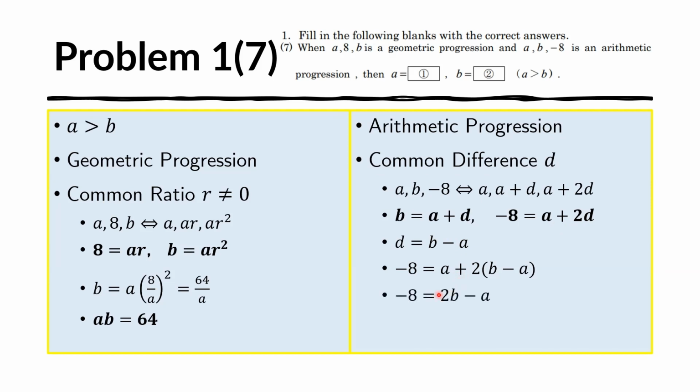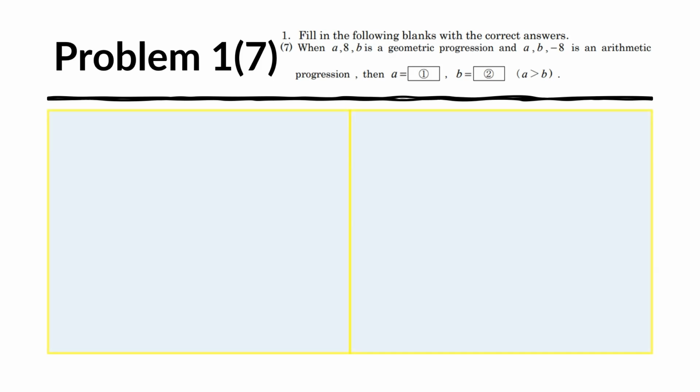And if we just simplify that a bit, we get minus 8 equals 2b minus a, so we move a to the other side, and a equals 2b plus 8.